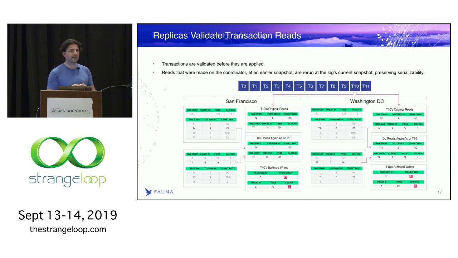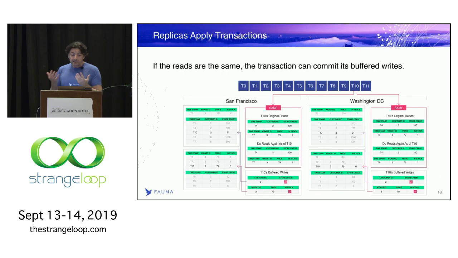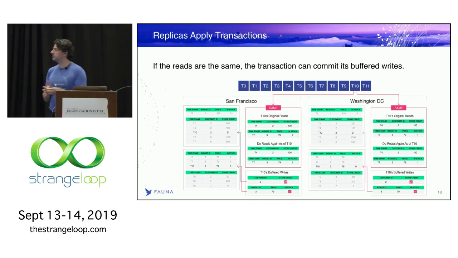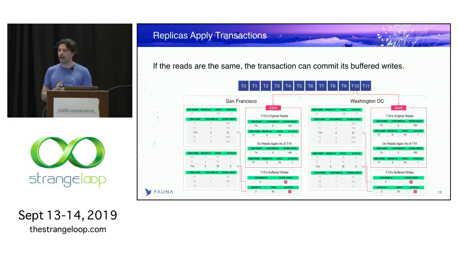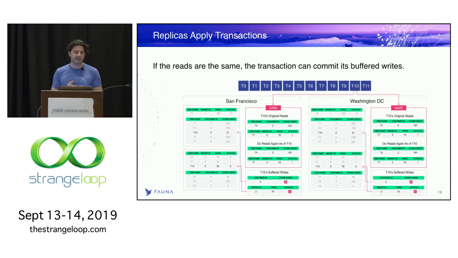So they need to rerun the reads at T10 and see whether they still match what the reads were in the transaction. This is part of the optimistic concurrency control. And if the reads happen to be the same, we just write the new value to the underlying data store with the timestamp of T10.